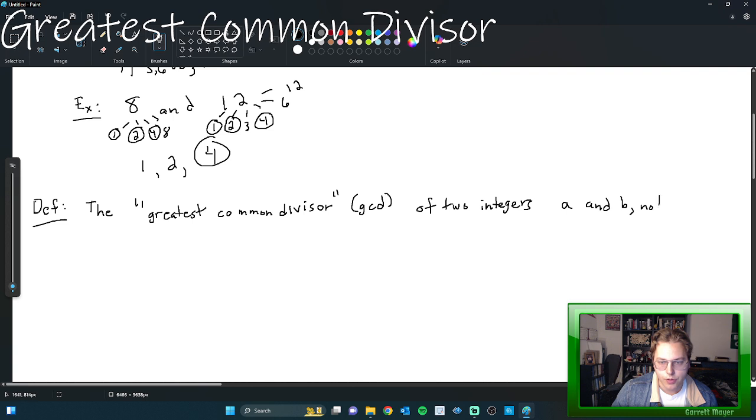not both 0. Because if they're both 0, every single number divides 0, because any number times 0 is 0. So the GCD would be undefined.